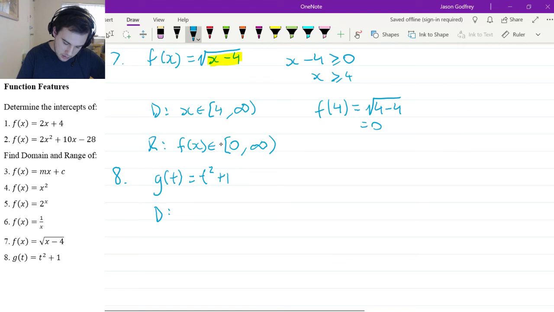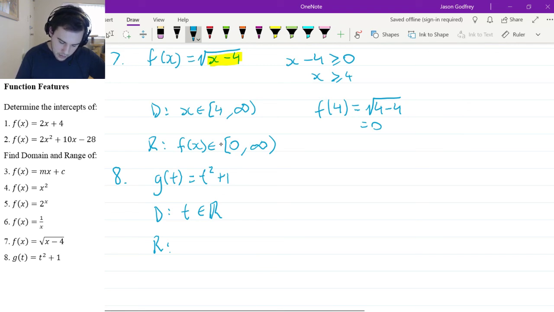So the domain isn't going to be x, it's going to be t, and t is going to be in the reals. Now for the range, what's the lowest value we can get?